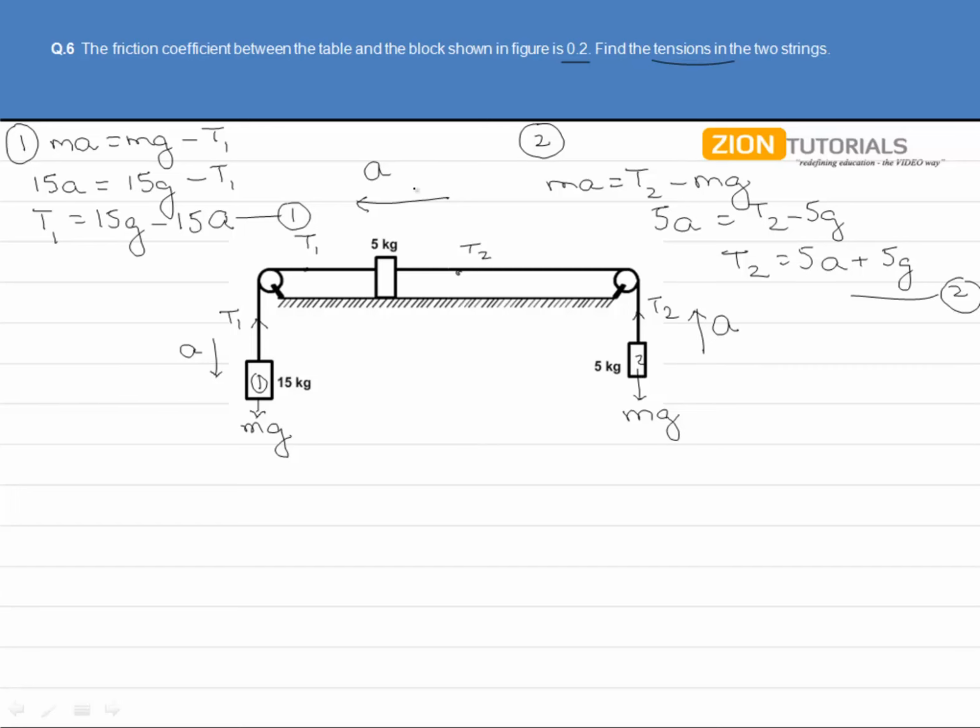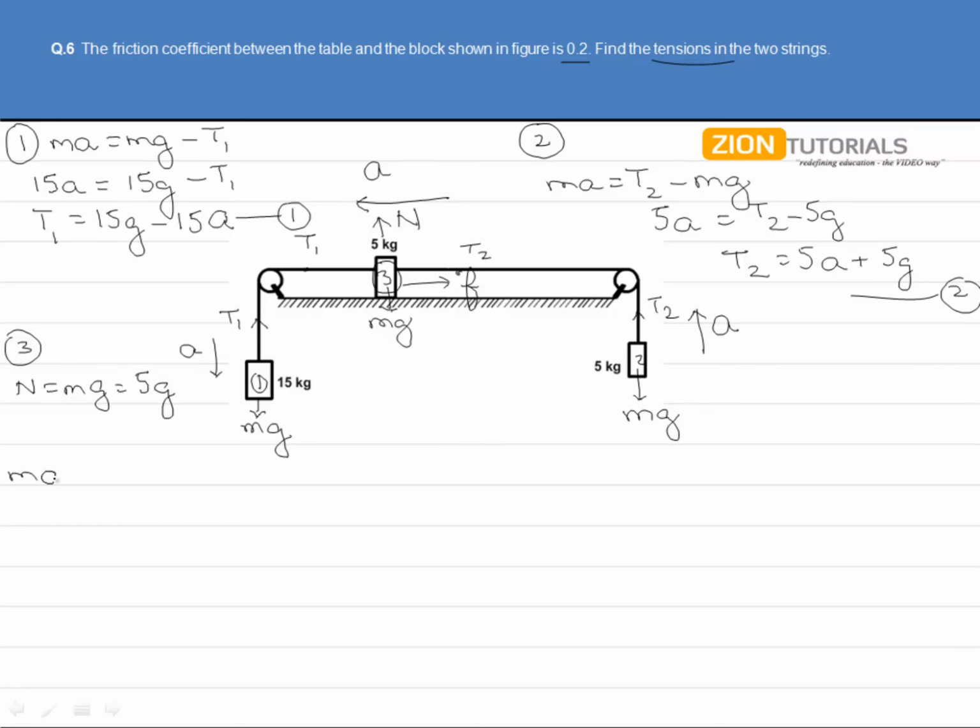Proceeding ahead, if acceleration is to the left, then this block must be suffering a frictional force in the opposite direction, and hence for this third block, let us frame the equation. Since mg force is in the downward direction and a normal reaction in the upward direction, I can write normal reaction equals mg equals 5g.